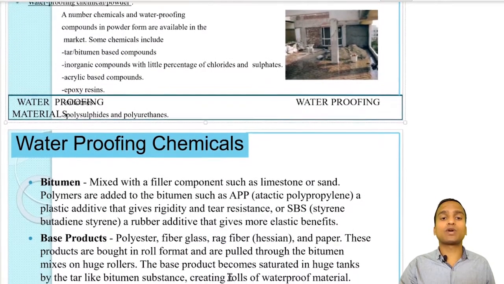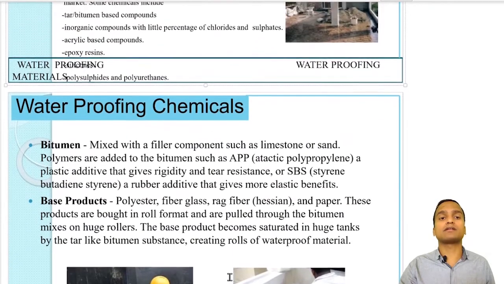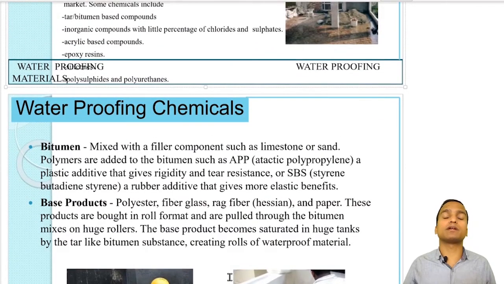So if we talk of waterproofing chemicals, and if we discuss bitumen, it is the most commonly used waterproofing material. And bitumen is generally mixed with a filler component such as limestone or sand.